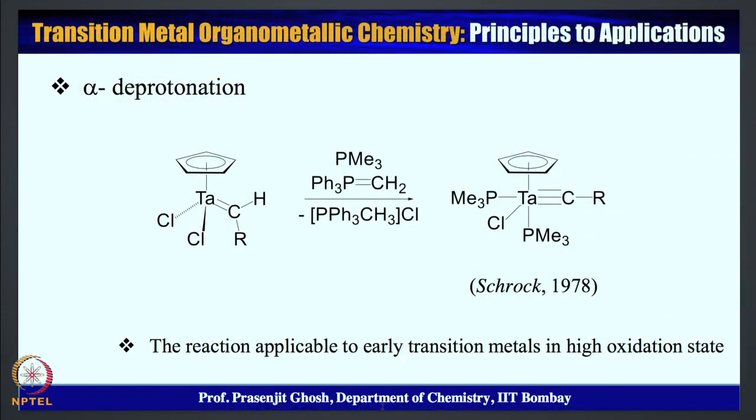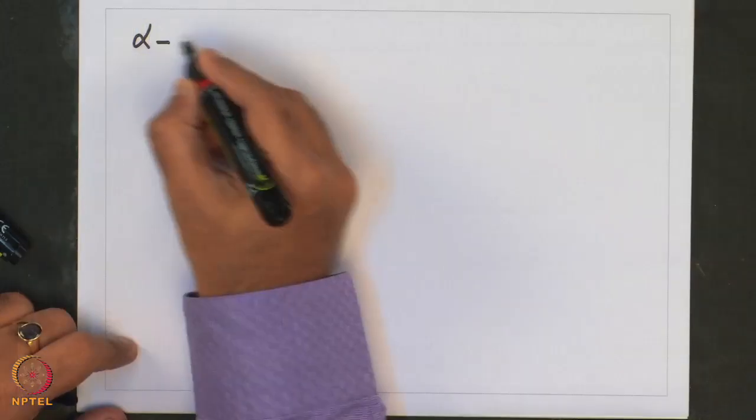Similar to what we had seen for making transition metal carbene complexes, α-deprotonation provides an efficient method for synthesizing transition metal carbyne complexes.